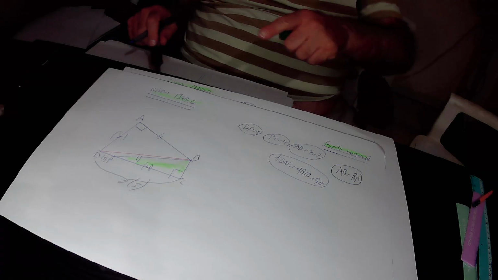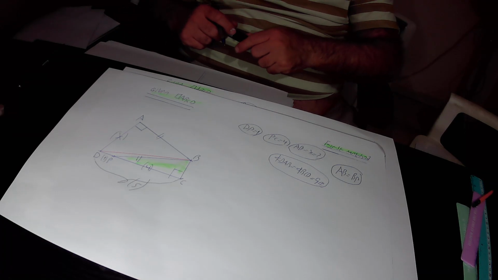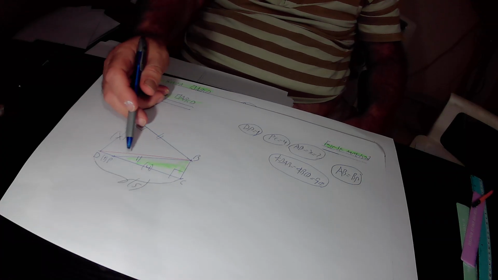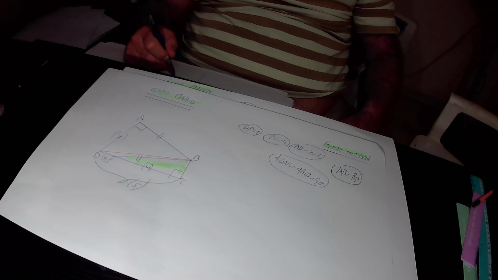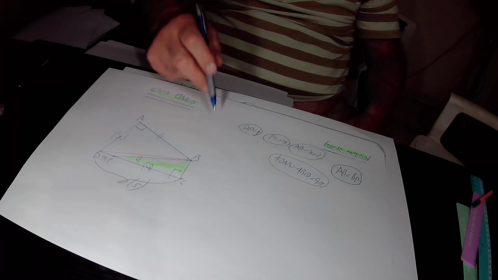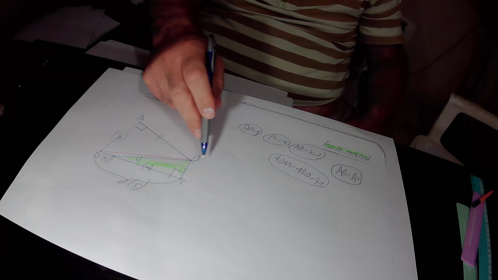So this green right triangle BCD, according to the Pythagorean theorem, BP squared, that is the square of the hypotenuse, is equal to BC squared plus PC squared.